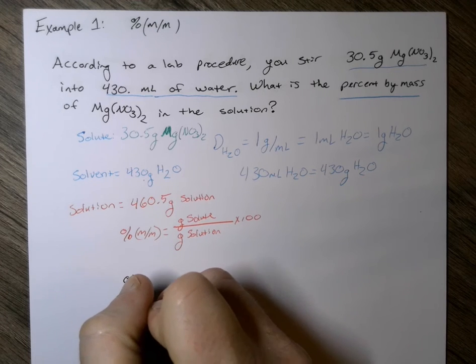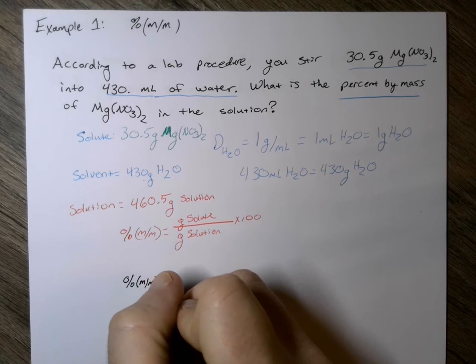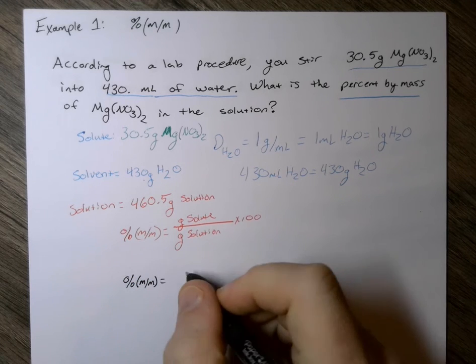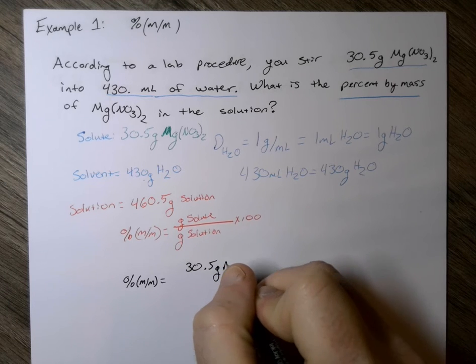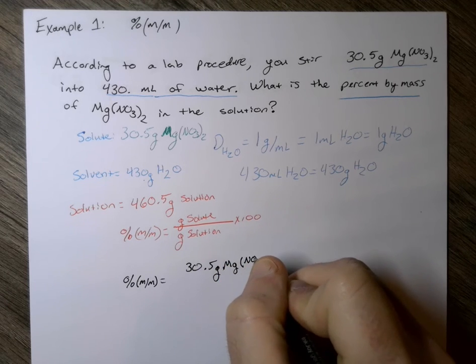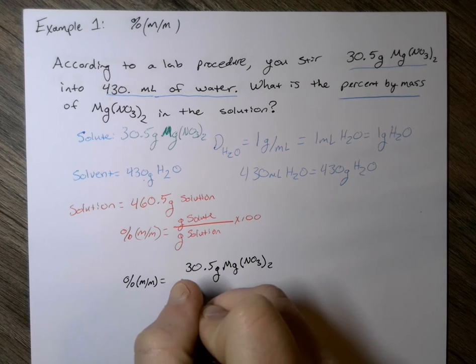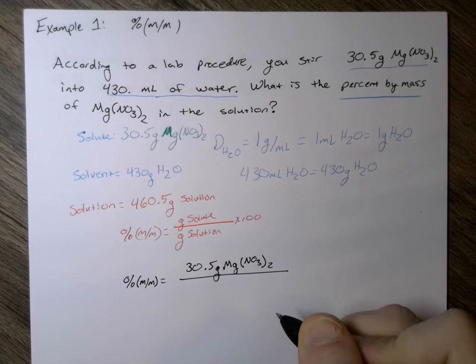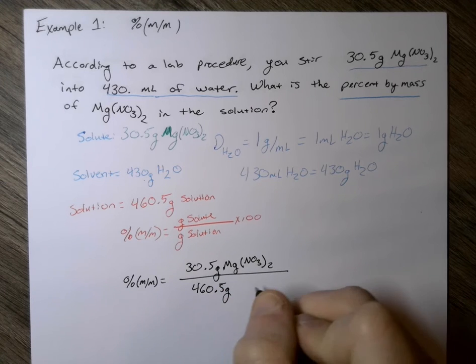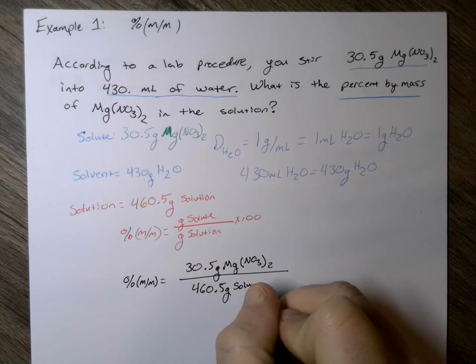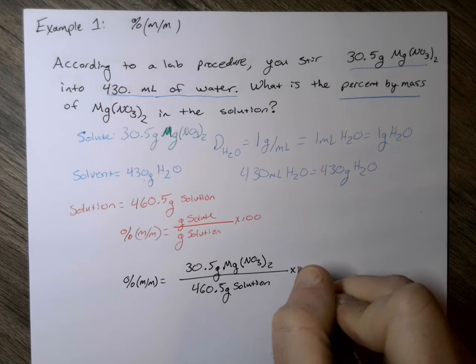So percent M over M is equal to solute, so 30.5 grams of magnesium nitrate, divided by the total, 460.5 grams of solution, times 100.